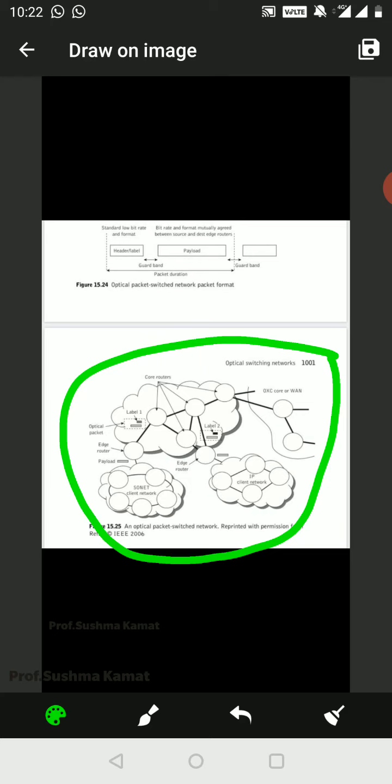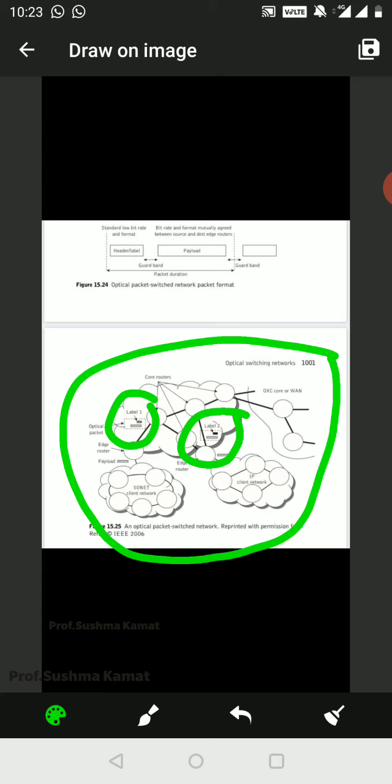So in this picture, it is considered using the long haul or core network connected to both a SONET and an IP network. Here the edge routers perform the functions of attaching and detaching a label. So here you can see the labels. For these labels you can attach and you can detach.